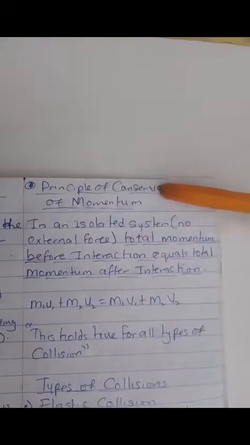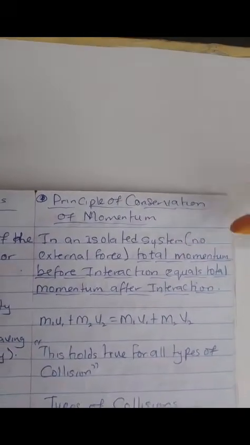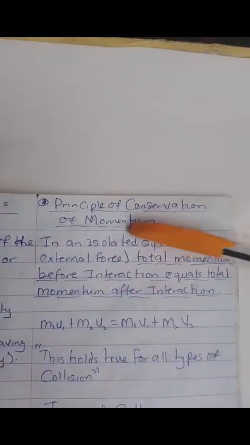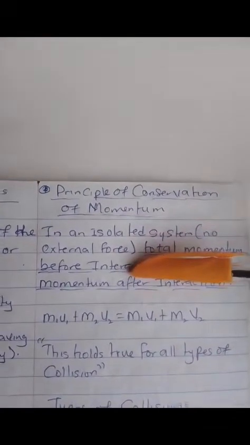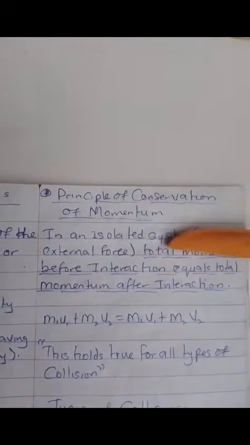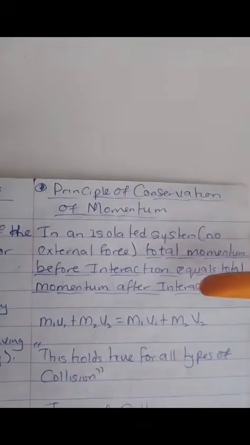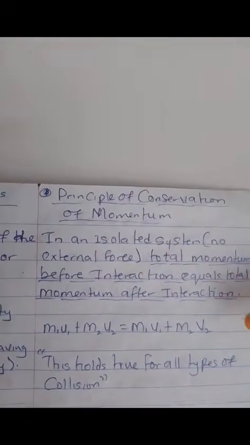This leads us to the principle of conservation of momentum, similar to the conservation of energy. It states that in an isolated system, meaning no external force, the total momentum before the interaction equals the total momentum after the interaction.